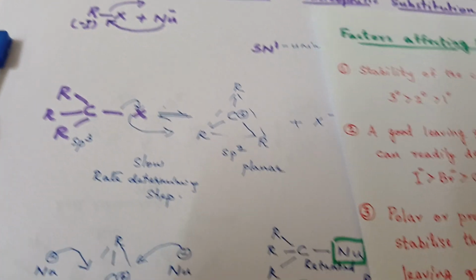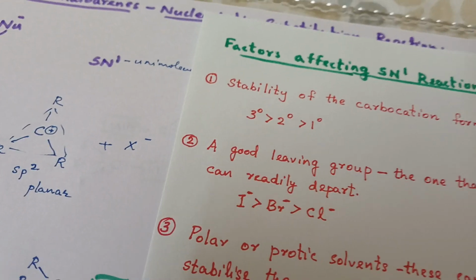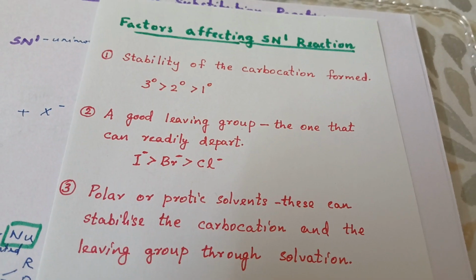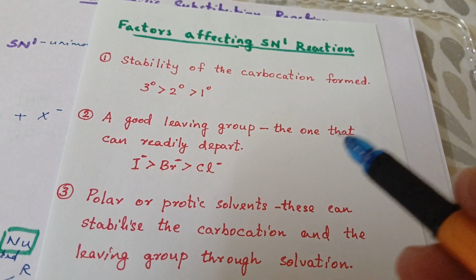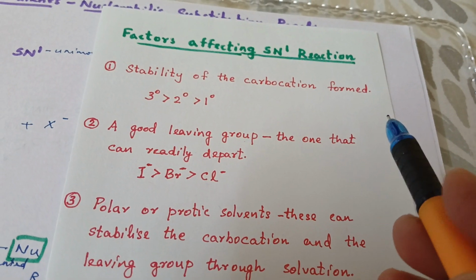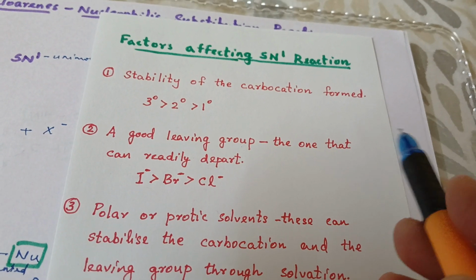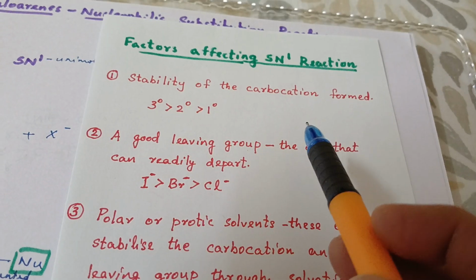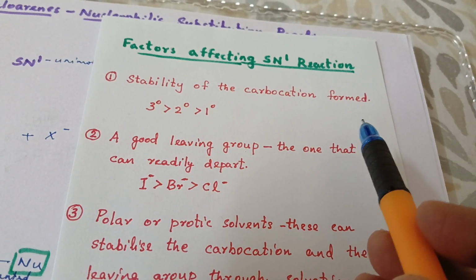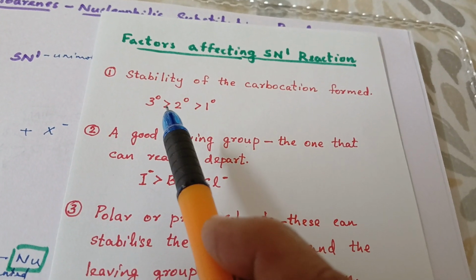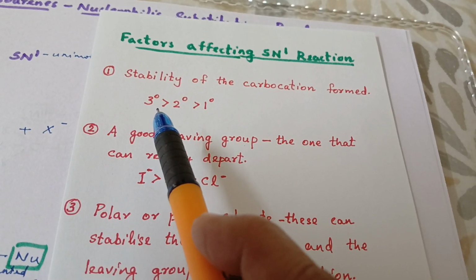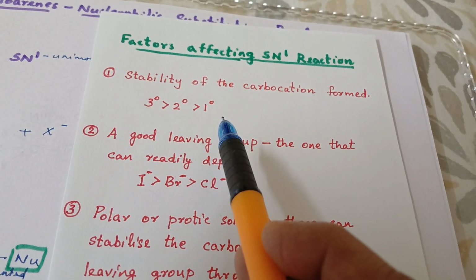Now a few points about SN1 reaction is that stability of the carbocation formed will affect SN1 reactions. The speed at which the reaction proceeds will depend on the stability of the carbocation formed. The most stable one is tertiary, then secondary, and then primary.